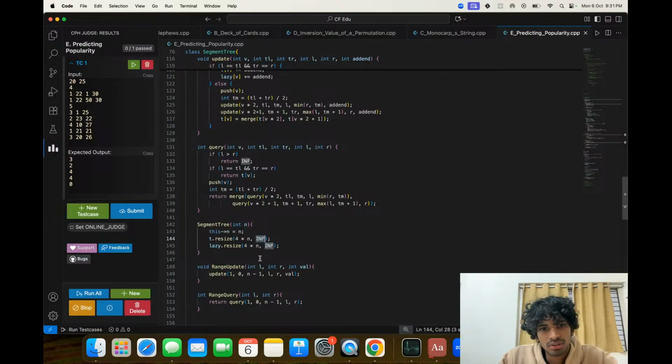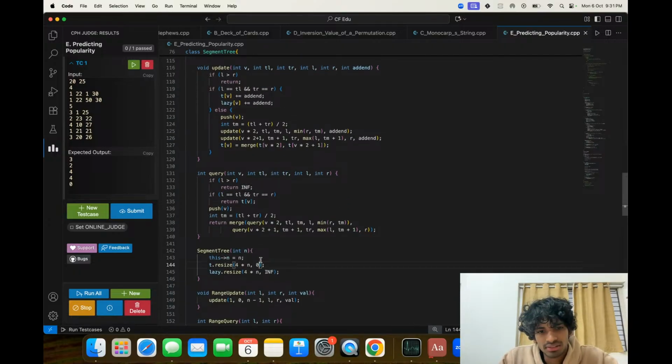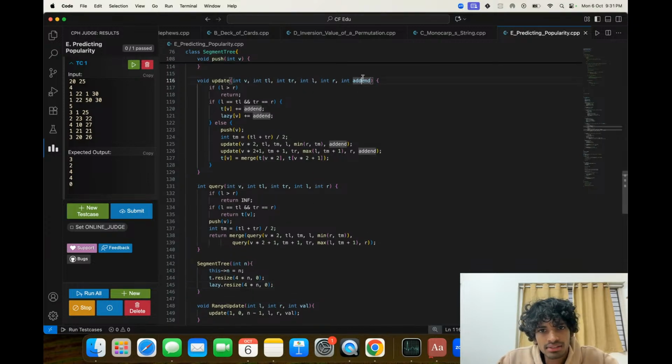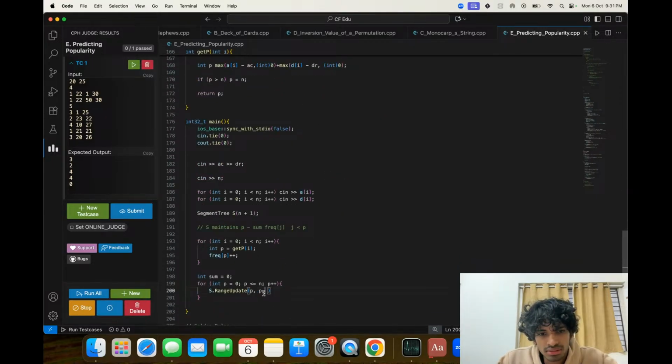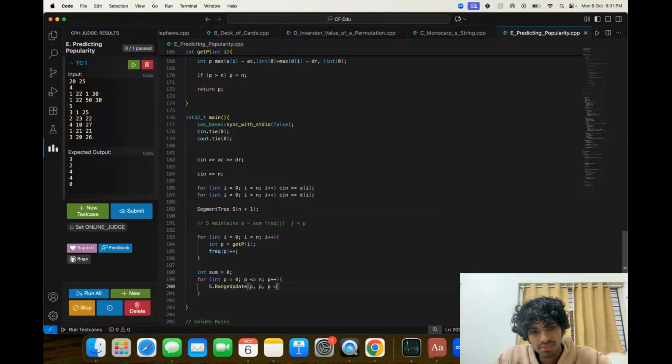Initially make everything zero because we are trying to add things, right? Update does add. And then what do we add to this? For p comma p, we add p minus sum.